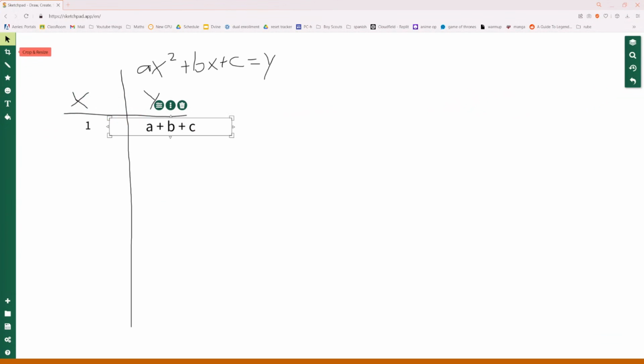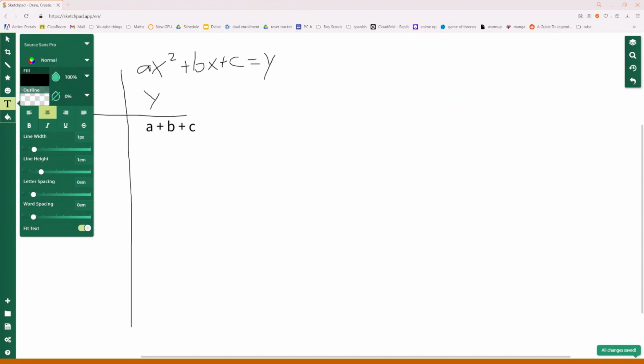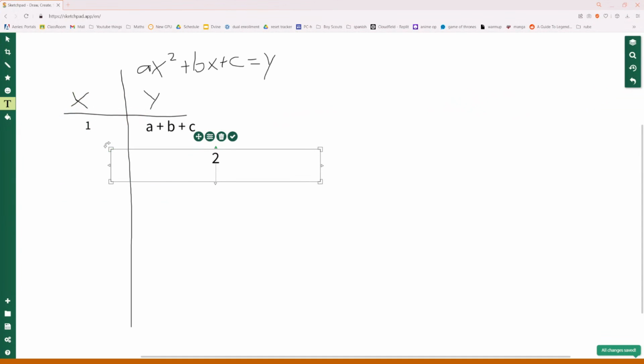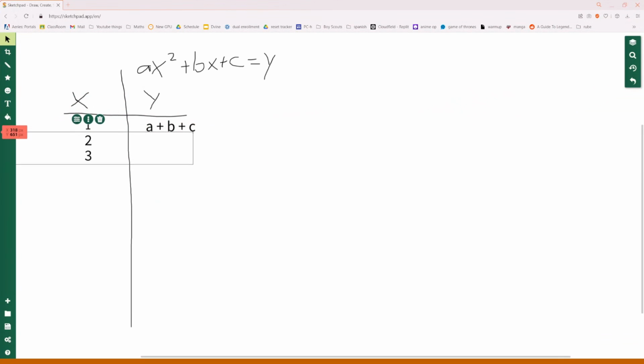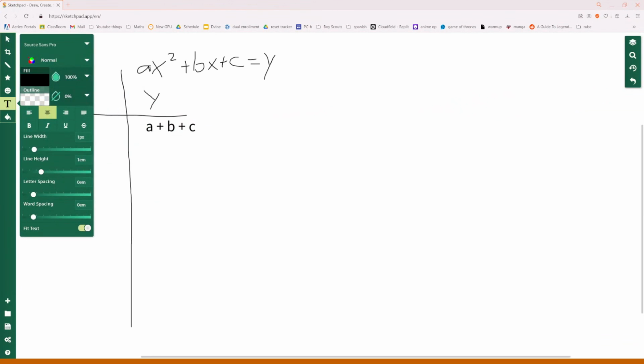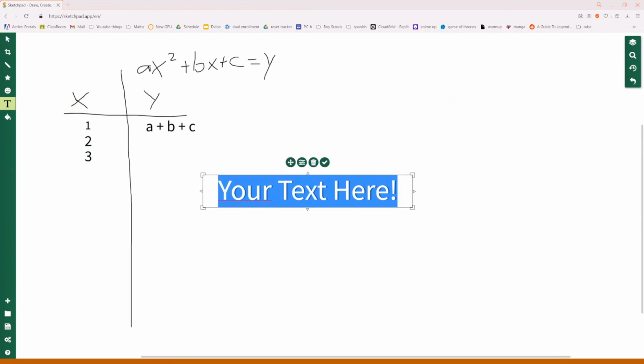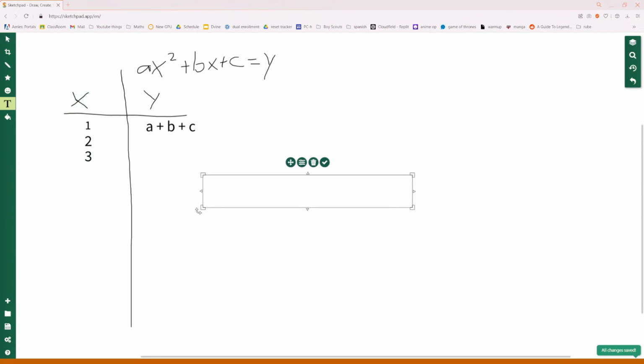Okay, and now next, well, let's get a 2, 3, okay, yeah, there. Just a 2 and a 3. So then y right here becomes a times 2 squared, so 4a plus 2b plus c, right?